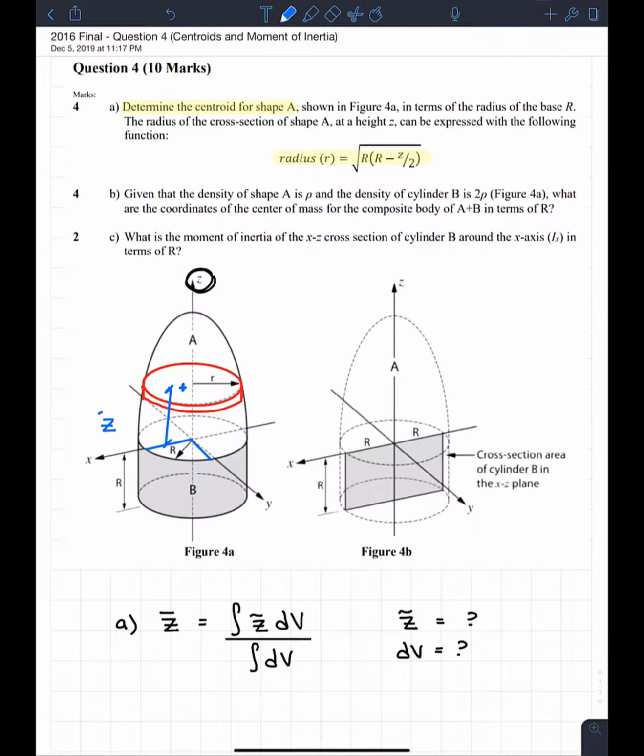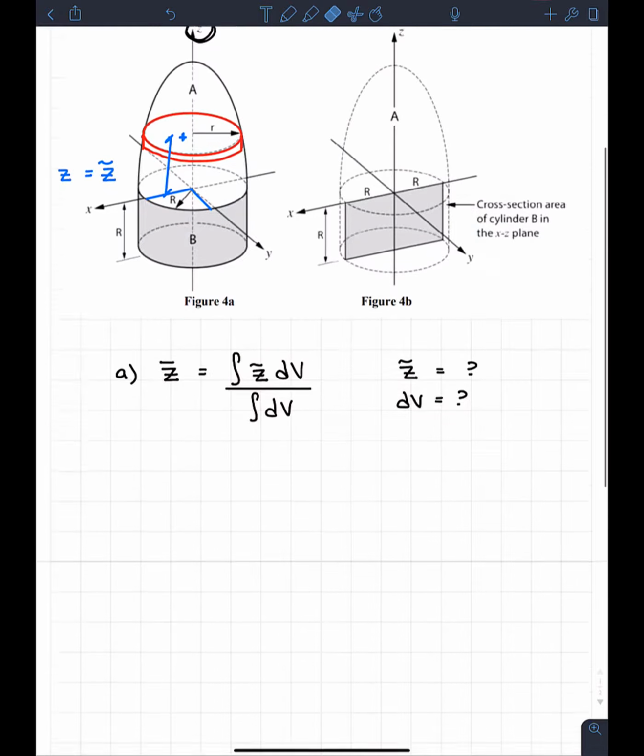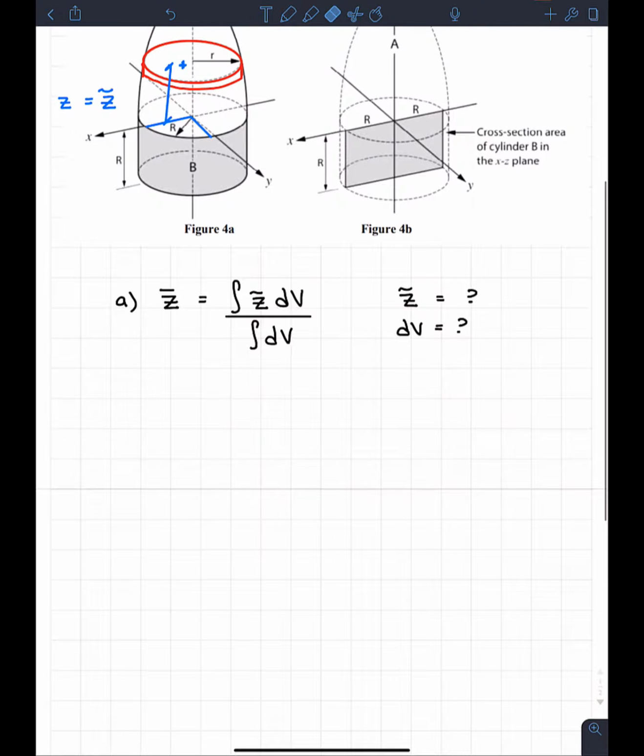For 3D shapes, I've only ever seen it where the squiggle is just equal to the variable we're searching for. If we're searching for y squiggle, it would just be y. If we're searching for x squiggle, it would just be x. And I've never really seen a case where it hasn't been like this. So coming down here, I'm going to erase the question mark because we know that z squiggle is just equal to z.